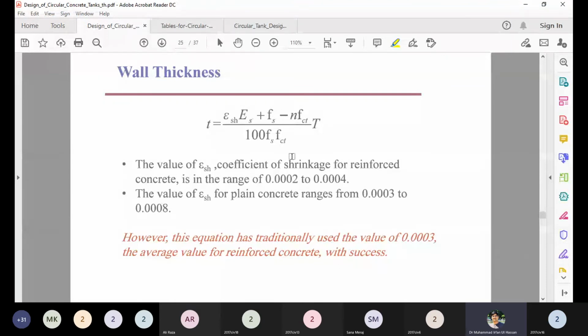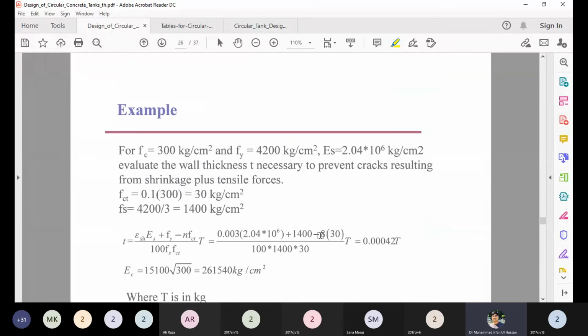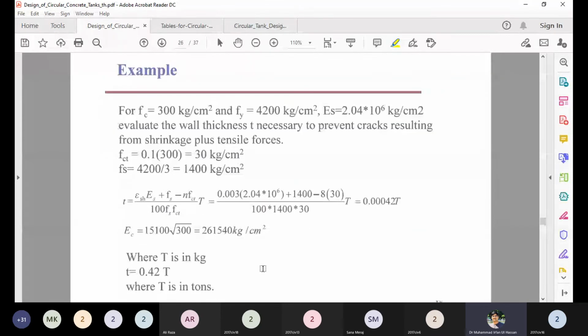0.0004. It's about 200 micron to 400 micron. For plain concrete, it is 300 micron to 800 micron shrinkage strain. Now, this is an example for computing the thickness of the tank. So let's say Fy and Fc prime are given, Es is also given.